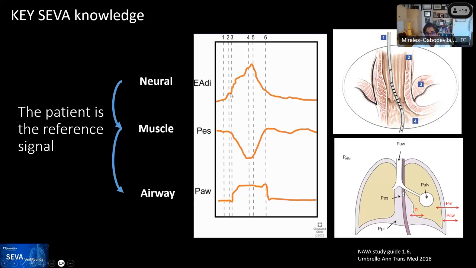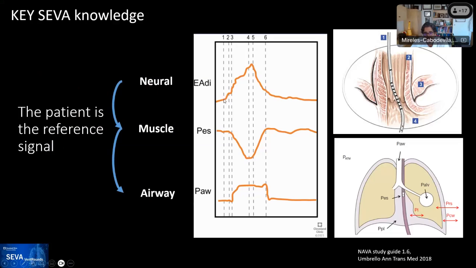This is a simplified or filtered image that was generated, and it's present in the servo ventilators. But suffice to say that there's other ways that you can get EMGs from the surface muscles with other types of electrodes, but this is the one commercially available in the NAVA catheters.